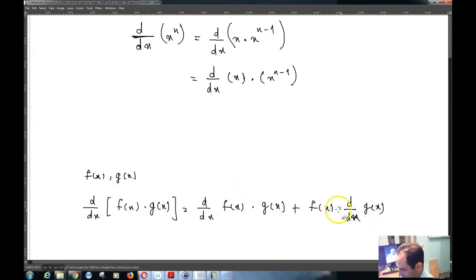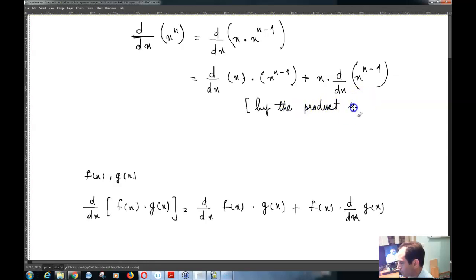That was called the product rule. So we are doing the same thing here: d by dx of x times x raised to the power n minus 1, plus x times d by dx of x raised to the power n minus 1. This is by the product rule.